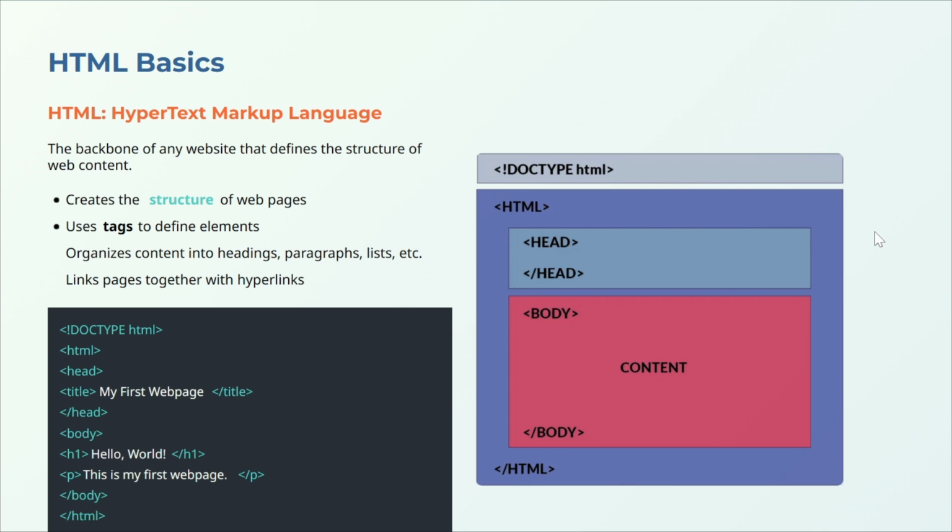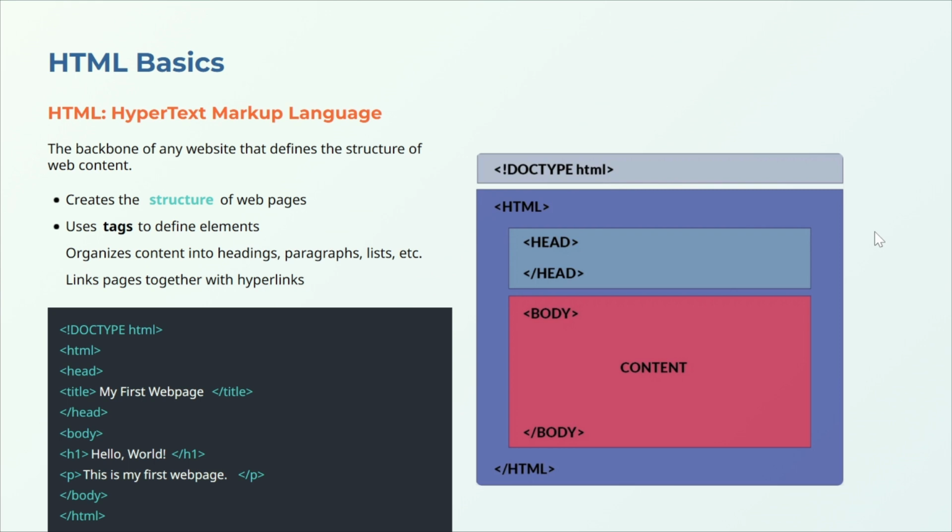The full meaning of HTML is hypertext markup language, and it is the backbone of any website that defines the structure of web content. It creates the structure of web pages. It uses tags to define elements, and it organizes content into headings, paragraphs, lists, etc. It also links pages together with what we call hyperlinks.